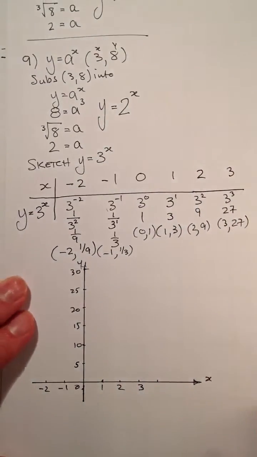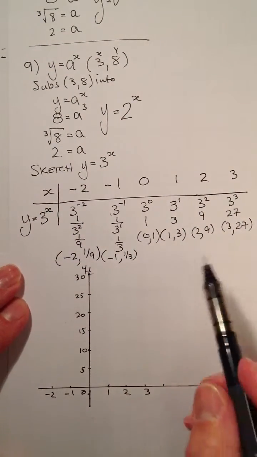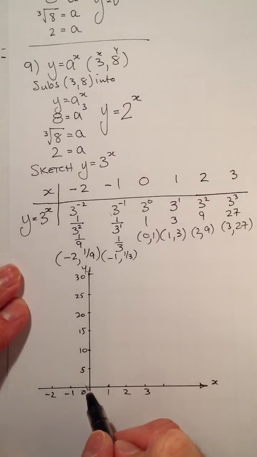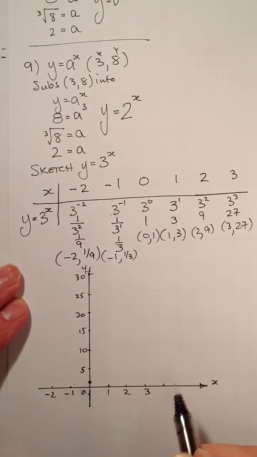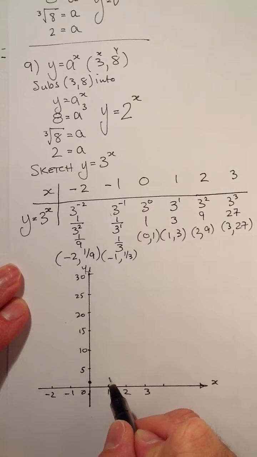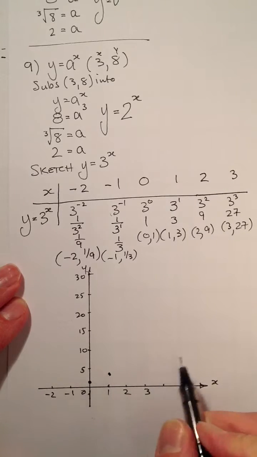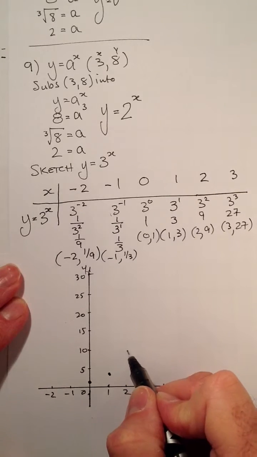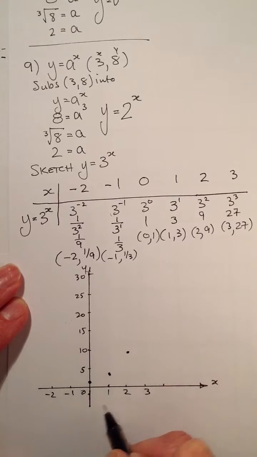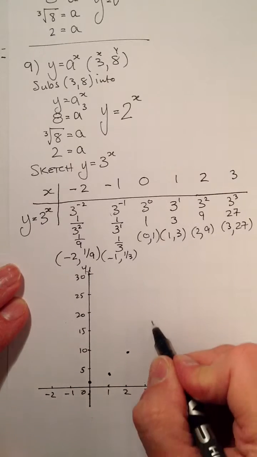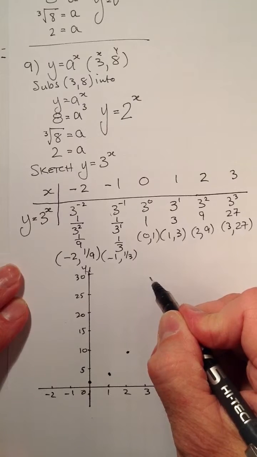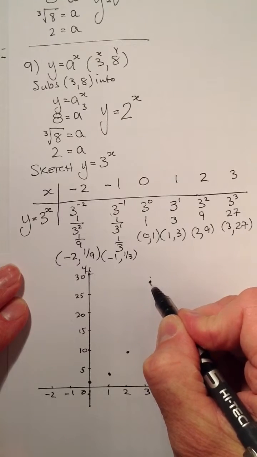And what I'll go for is plotting the points. Let's go for (0, 1) first, so that would be about here. (1, 3) would be here. (2, 9) about there. Then the graph's growing exponentially, so it's going to go to (3, 27), which is somewhere about there.